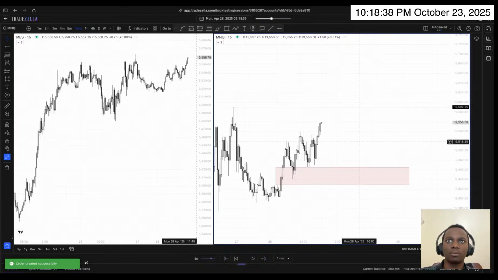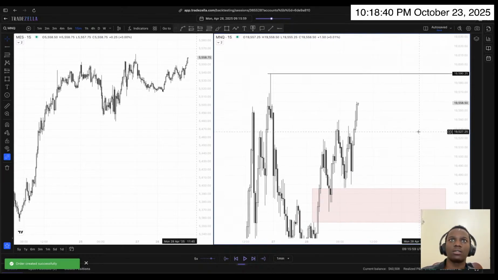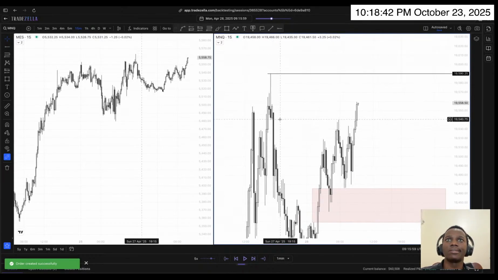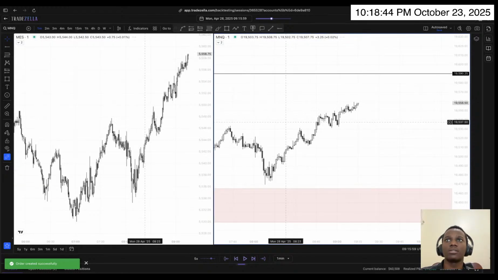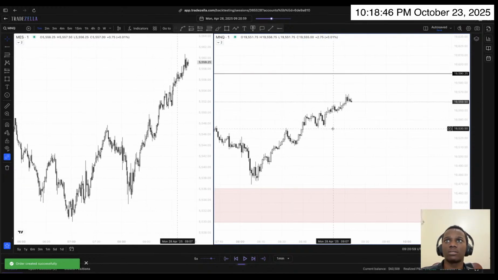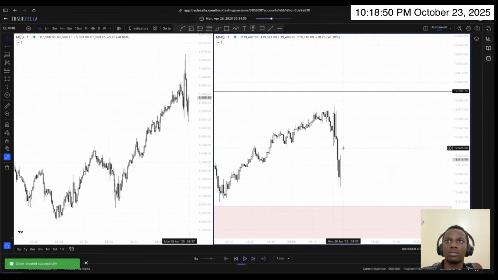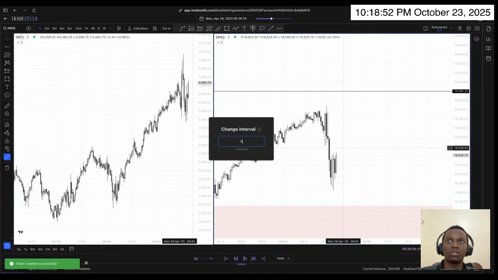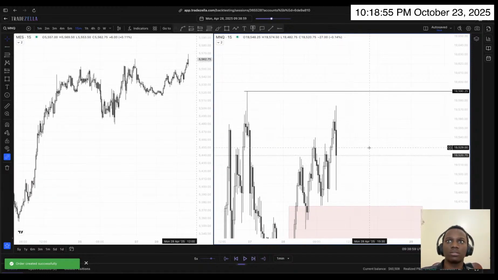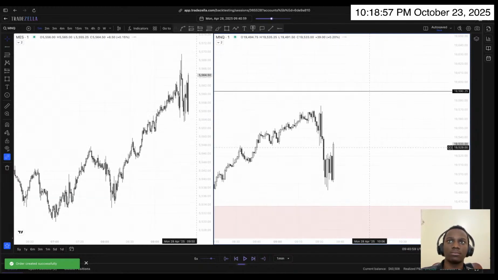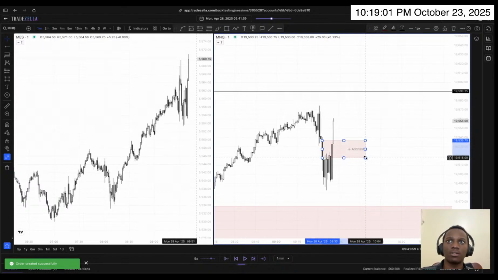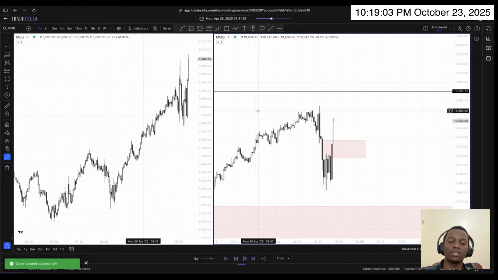Just meant to this gap here. There's some kind of inversion there. Right, 15-minute gap there, and then the inversion.